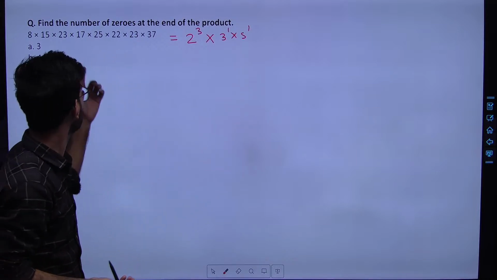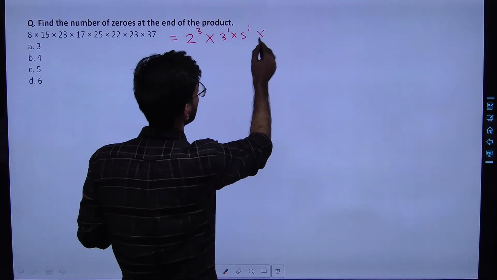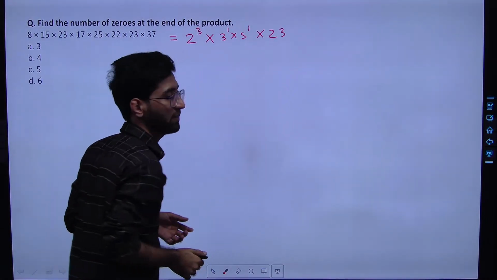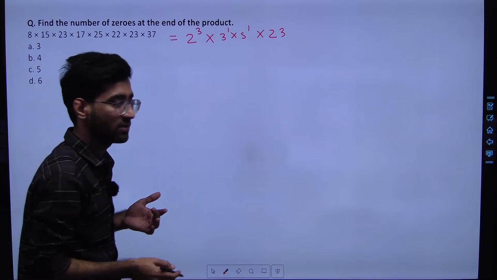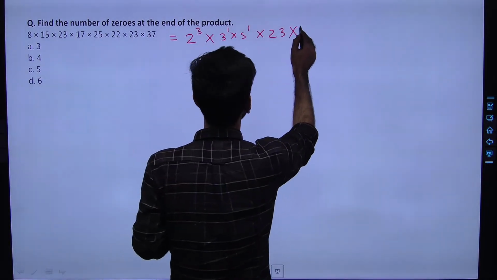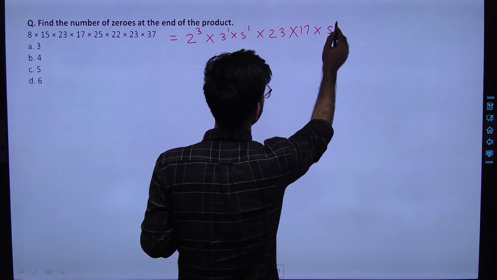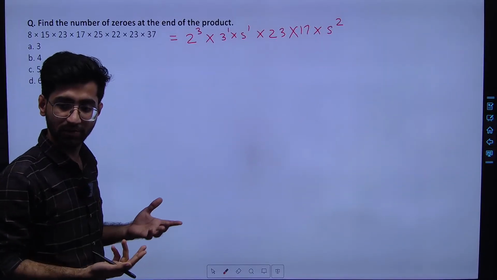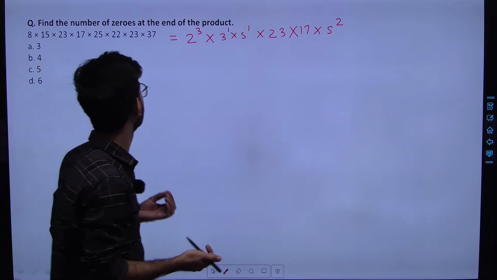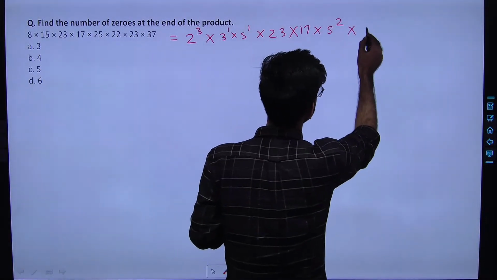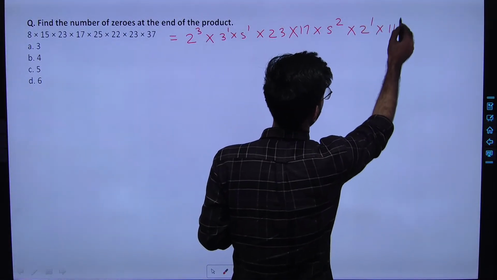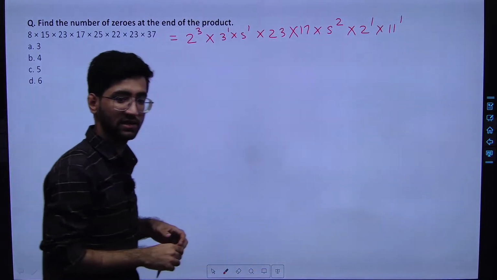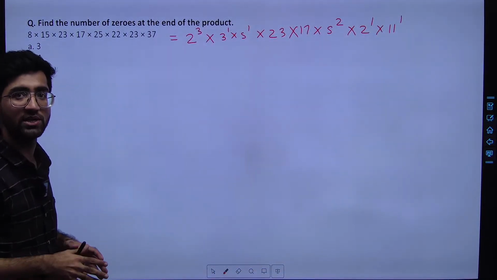Then 23 is already a prime number, so you can't prime factorize it anymore. Then you can write 25 as 5 to the power 2, equal to 25. Then 22, you can write it as 2 to the power 1 into 11 to the power 1, right? 2 into 11 is 22.